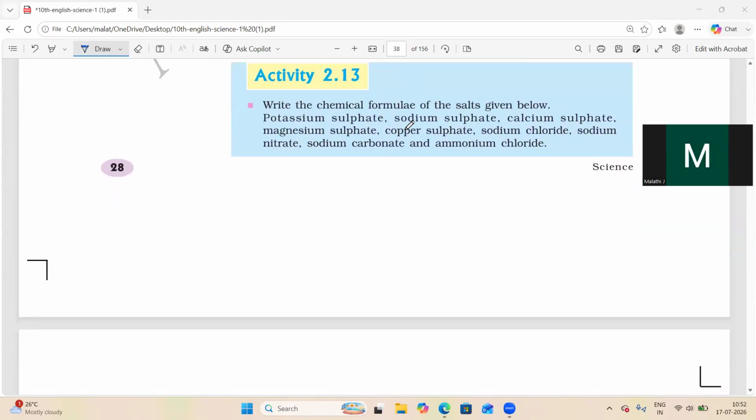What are the salts we use regularly? The famous salt we know is sodium chloride. If you observe here: potassium sulfate, sodium sulfate, calcium sulfate, magnesium sulfate, copper sulfate, sodium chloride, sodium nitrate, sodium carbonate, and ammonium chloride.